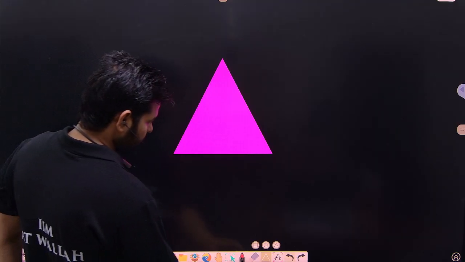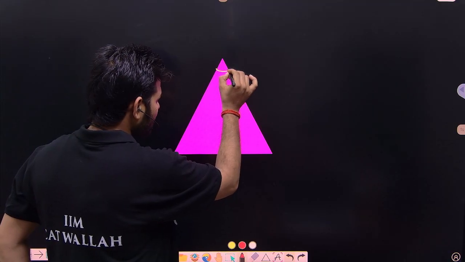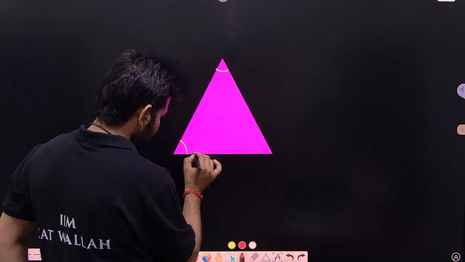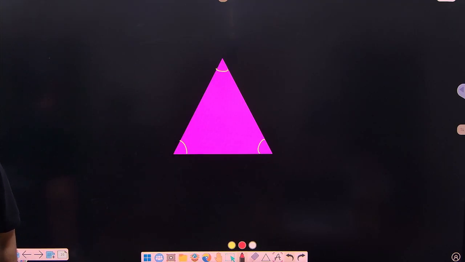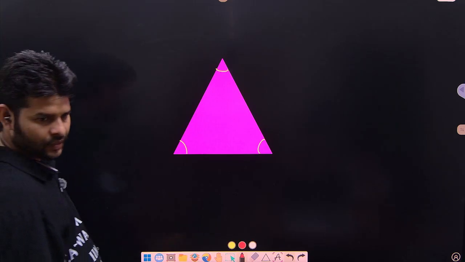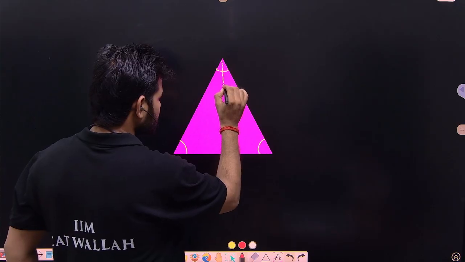If we draw the angle bisector of all the angles of a triangle, this is the angle bisector.